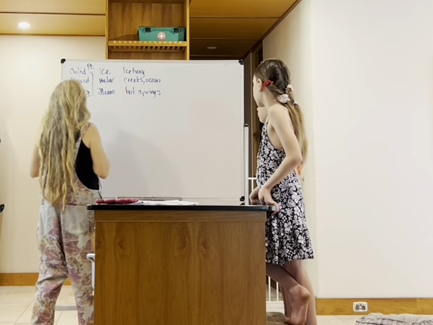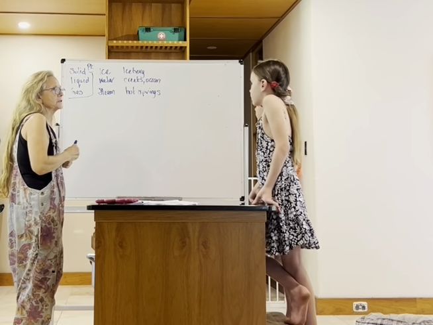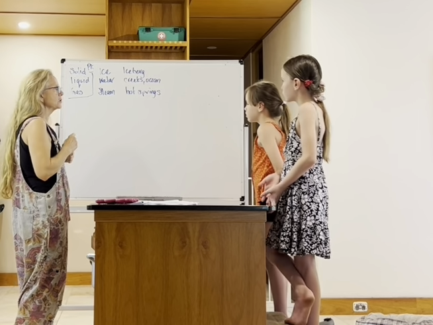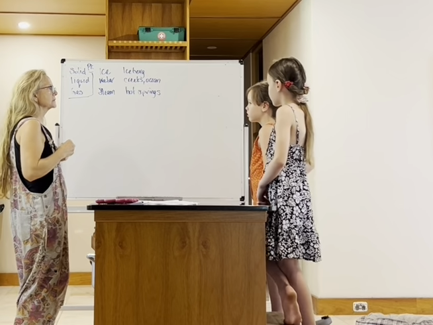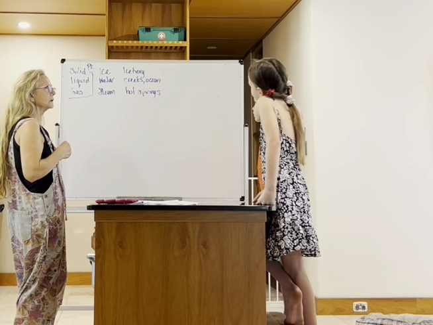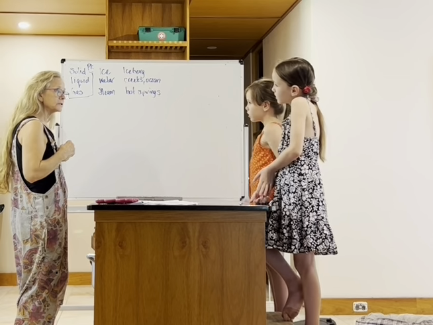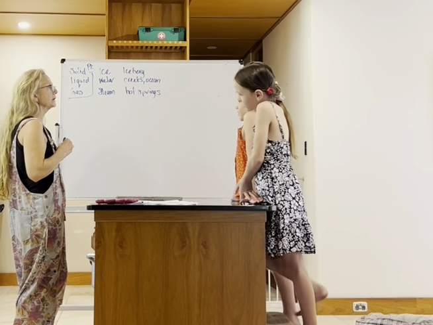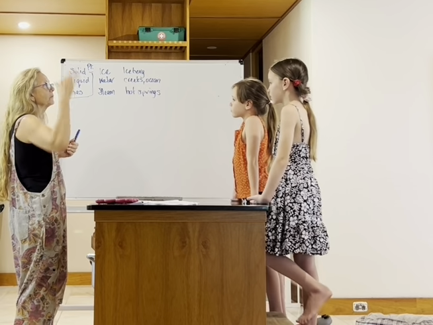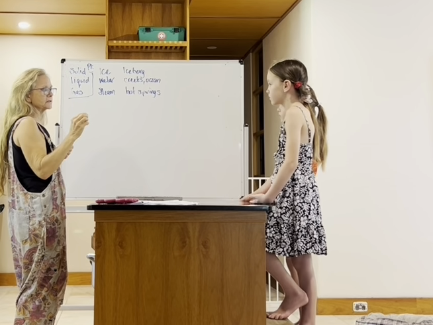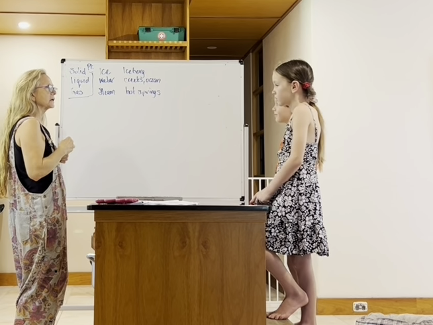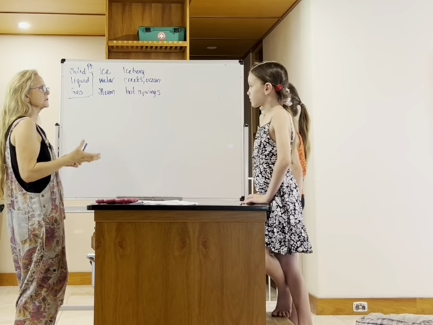What about snow? Which one do you think snow fits into? Is snow solid, liquid, or gas? Solid. Yeah, it's solid, but it's soft. When it comes down from the sky, it's in tiny solid pieces, isn't it? And then it forms the snow, so it's a solid.